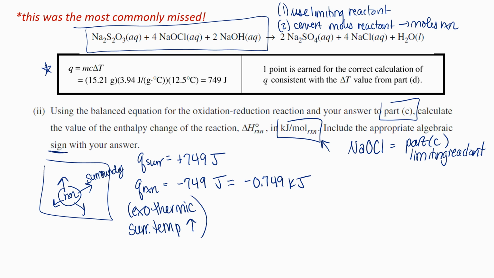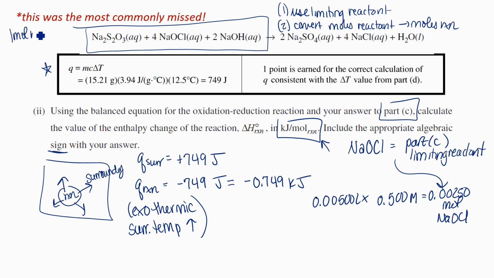And if you think about how much NaOCl reacted, you had 0.05 liters, and the molarity was 0.5 molar, and so we had 0.0025 moles of your limiting reactant. Okay. Then I want to take this number, I want to convert it into moles reaction. And the idea behind a mole reaction is to think of this thing right here as a kind of unit in itself.